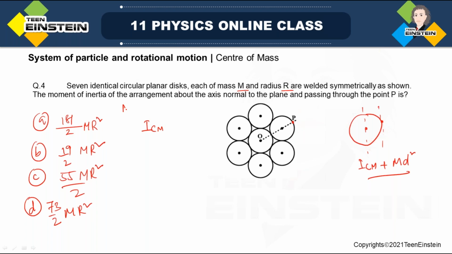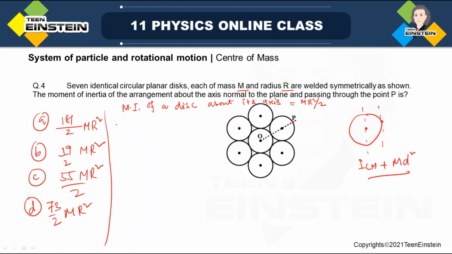Let me write the moment of inertia of a disk about its axis, that means the axis passing through the center of mass. So that is given by m r square by 2, right? For a disk. So for this arrangement, what is the moment of inertia about the center of mass?